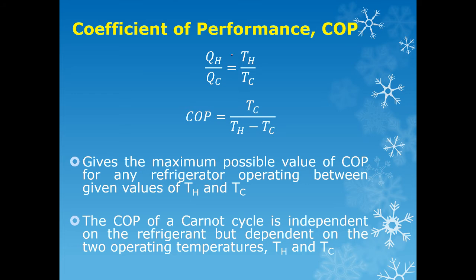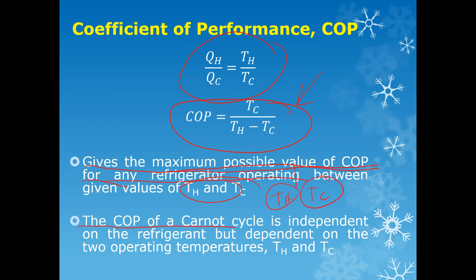We can also express the COP in terms of the absolute temperature. So, ito yung magiging equation natin. By the way, ito yung Carnot COP and it gives the maximum possible value of COP for any refrigerator operating between two temperatures, TH and TC.